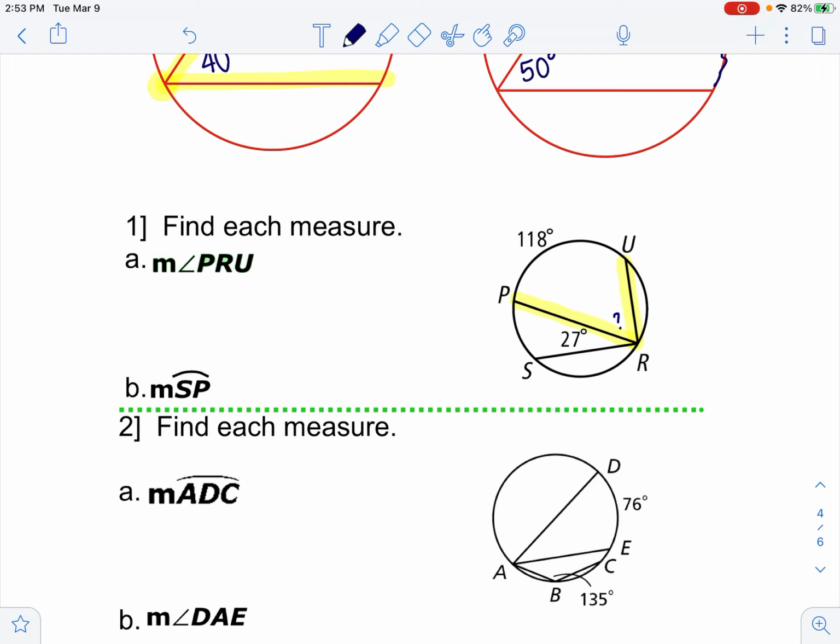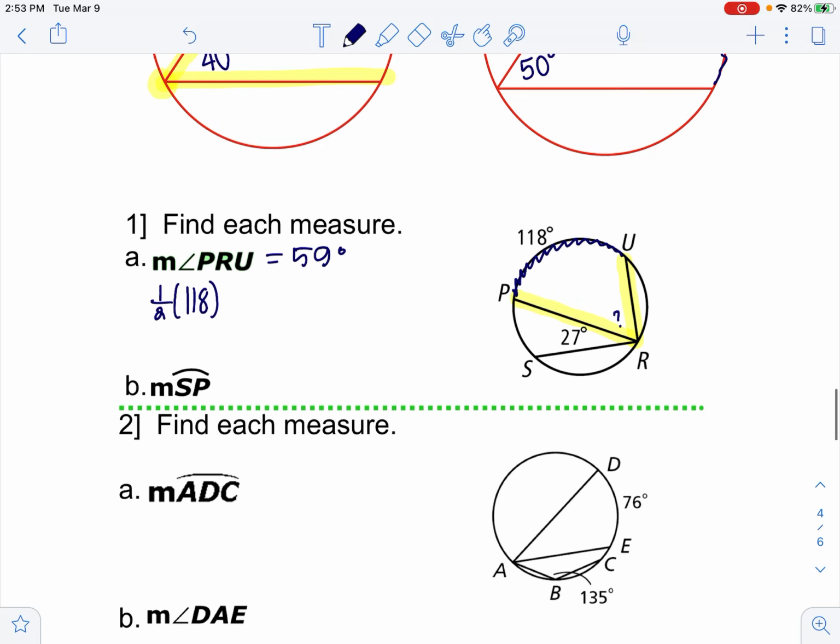What's PRU? It is an inscribed angle. That means it's half the measure of the intercepted arc. The intercepted arc is 118. So all I have to do is take half of 118. Half of 118 is 59 degrees. So PRU is 59 degrees.